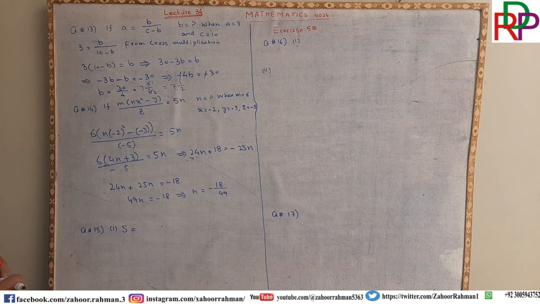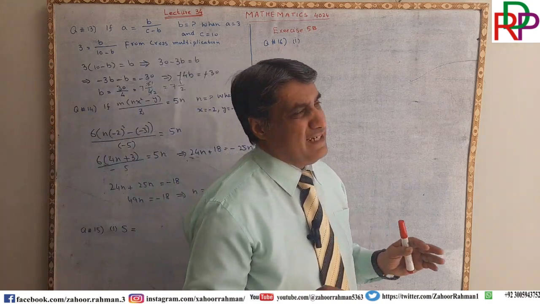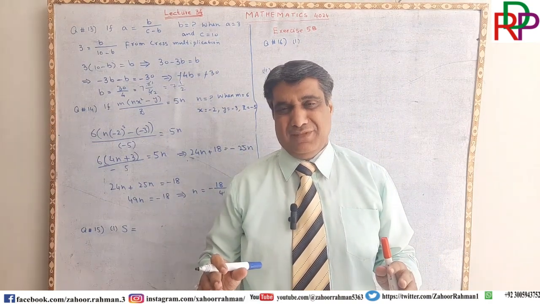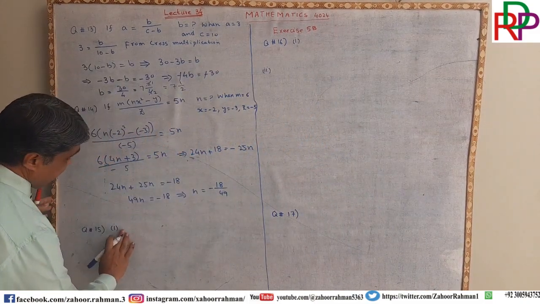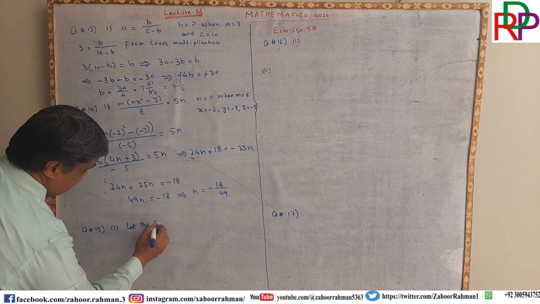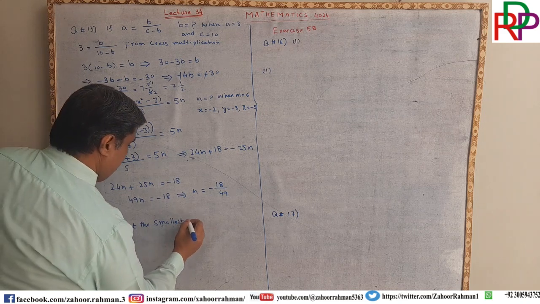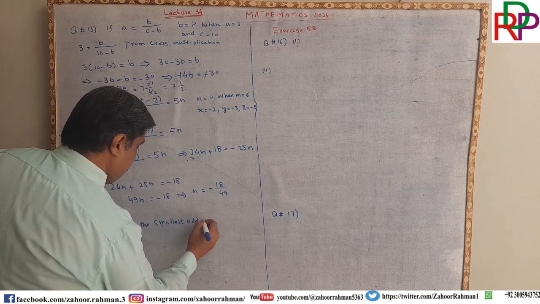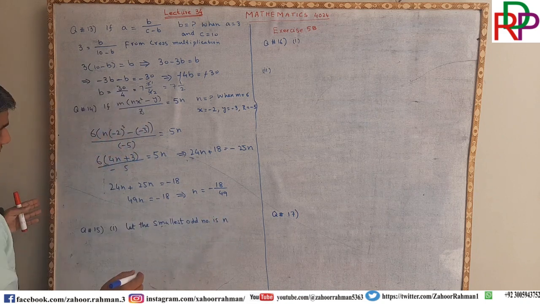We are saying, first let us clear the concept. We are saying that let the smallest odd number be n.